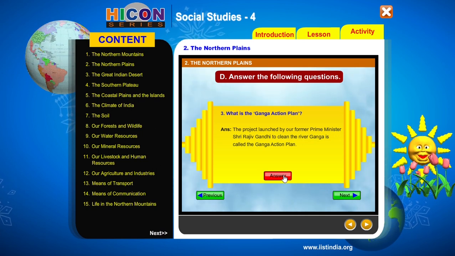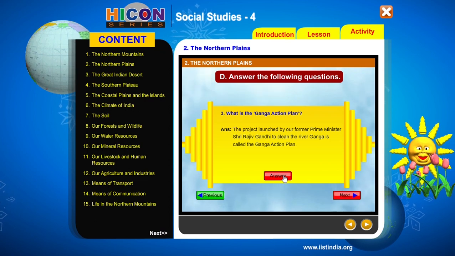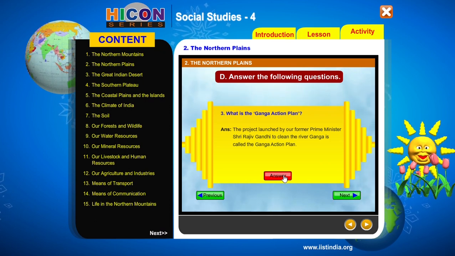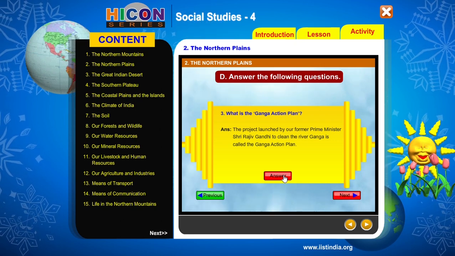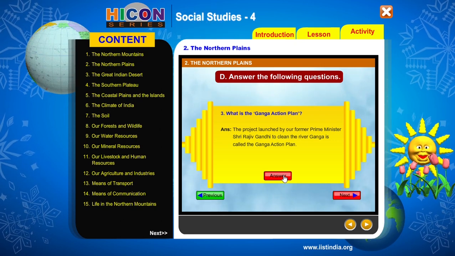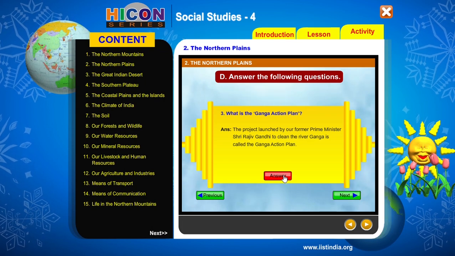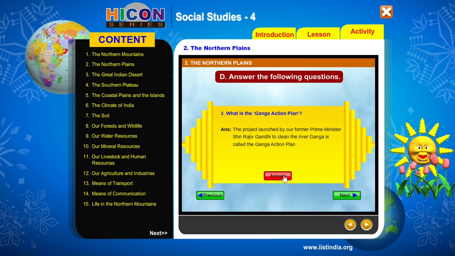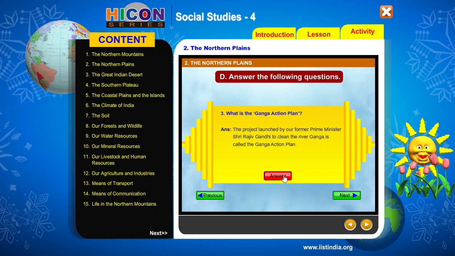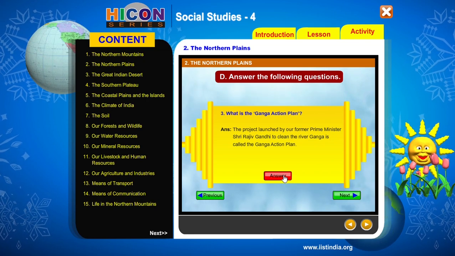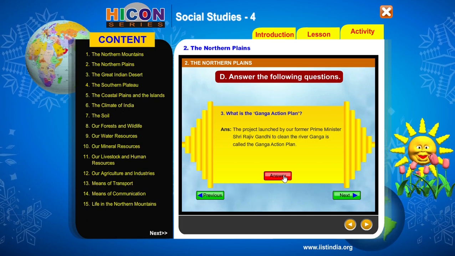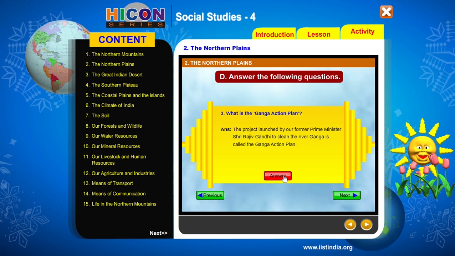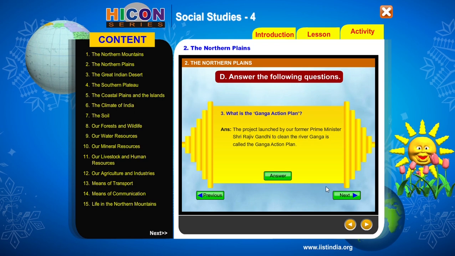So Ganga Action Plan was a plan which was initiated to clean the river Ganga of all its polluting components, right? So the project launched by our former Prime Minister Sri Rajiv Gandhi to clean the river Ganga is called the Ganga Action Plan, right? Okay, now the next question.